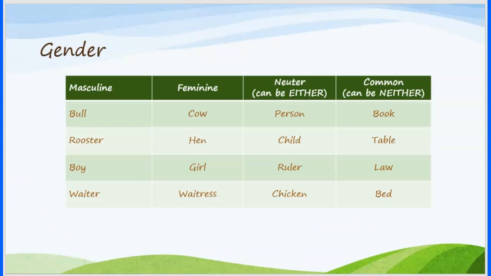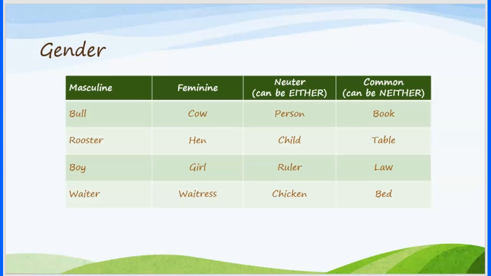Now, if you have started working on your Latin, and I believe all of you have, I'm not sure how far you've gotten in, but you will realize that words in other languages take on a gender, masculine or feminine, and then neuter or common, and your words are going to fall into one of those categories. This is true for the English language as well. And so we have some examples here.